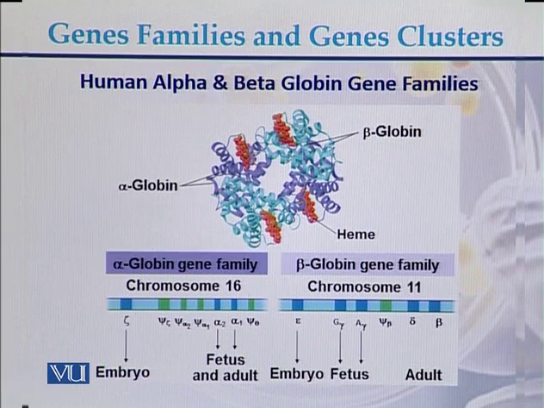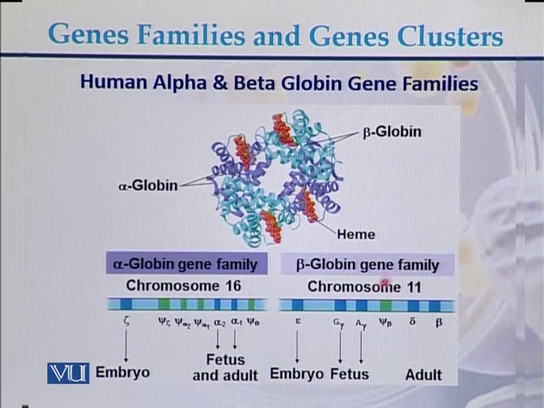Another example of gene families is the human alpha and beta globin gene family. It is found on chromosome 16 and on chromosome 11. The alpha globin gene family is found on chromosome 16. Here we can see the alpha globin gene family.